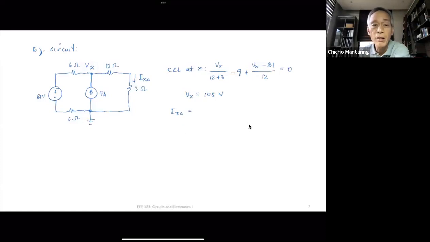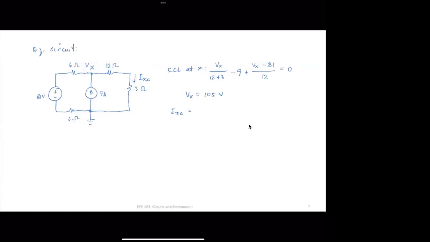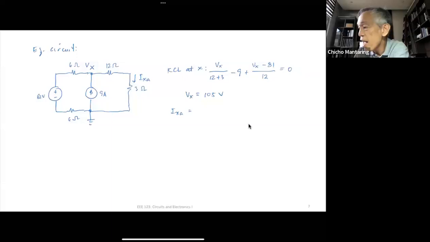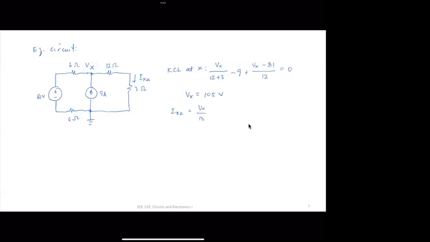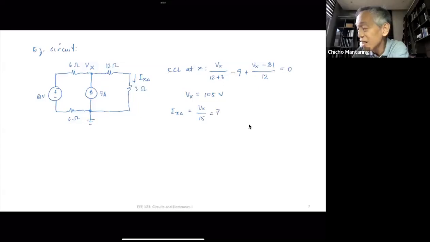Just tell me the formula. 105 over 15 ohms, sir. Yes, Vx over 15. Basically, that should be 7 amperes, not 8.75.